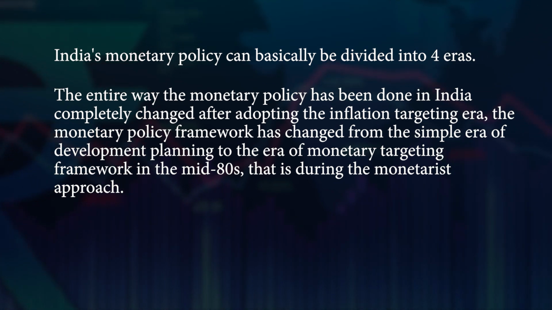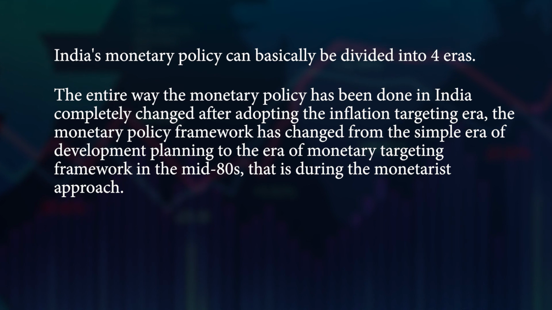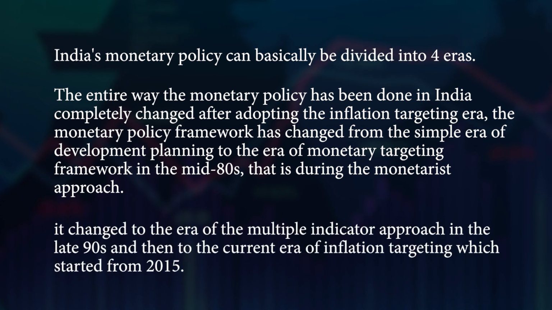The monetary policy framework has changed from the simple era of development planning to the era of monetary targeting framework in the mid-80s, that is during the monetarist approach. And then it changed to the era of the multiple indicator approach in the late 90s. And then to the current era of inflation targeting, which started from 2015. So these are the 4 eras that we discussed in this module.